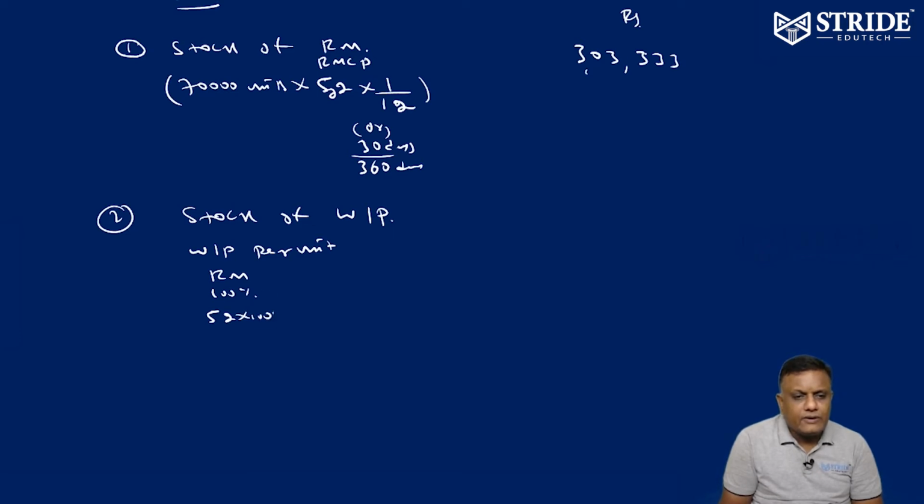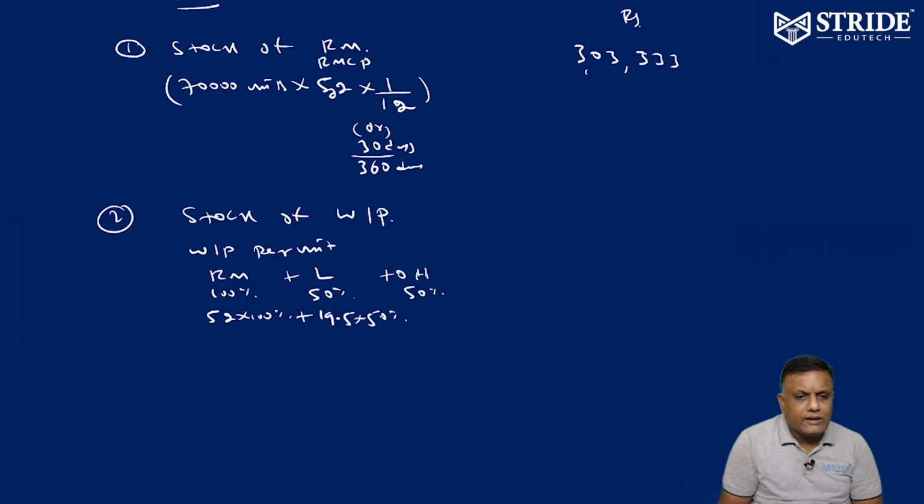52 into 100% plus labor 50% converted. Labor cost per unit 19.5, so 19.5 into 50% converted, plus overhead 50% converted.